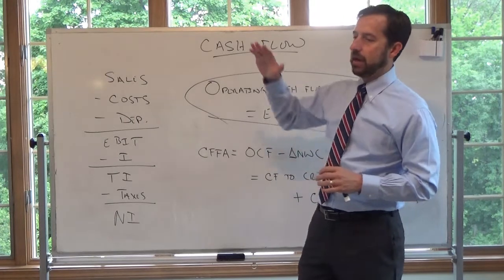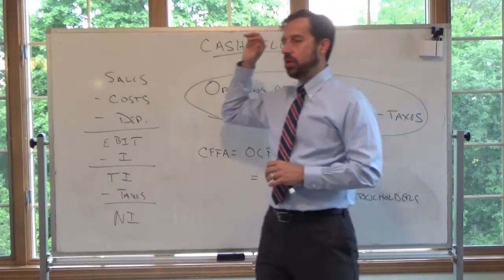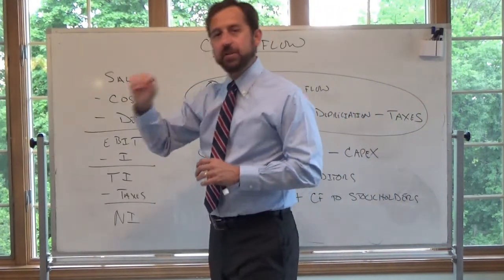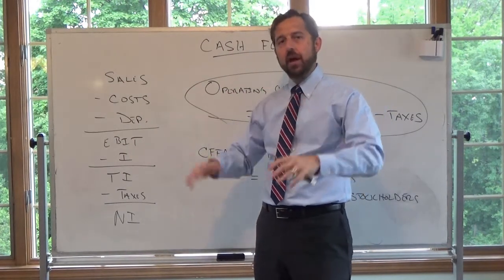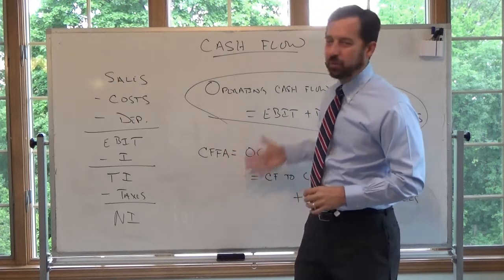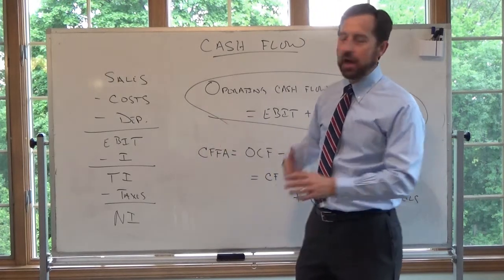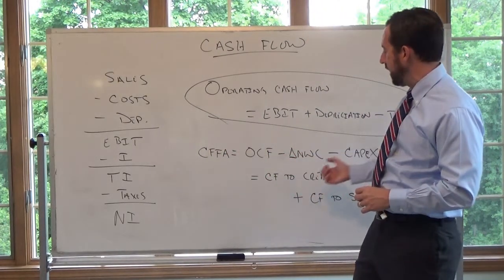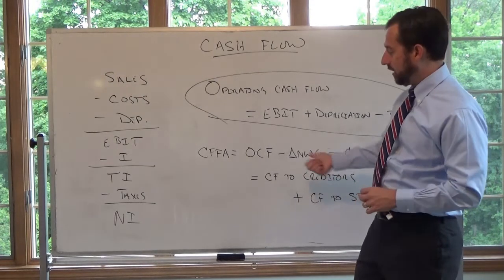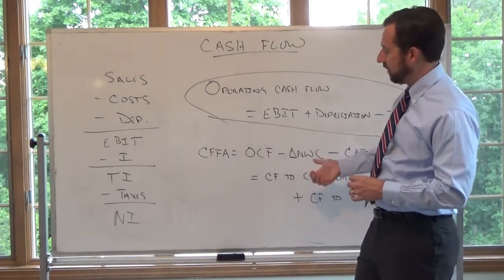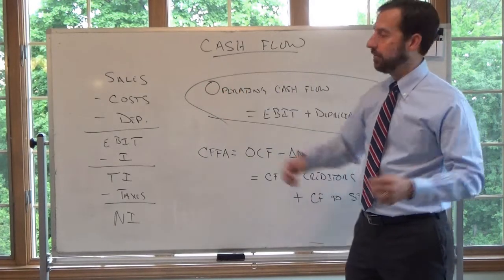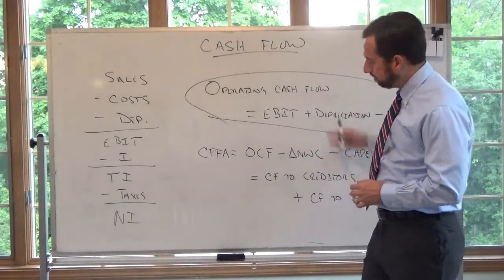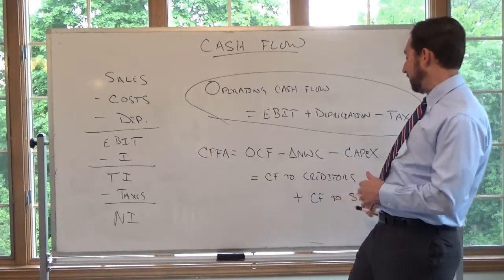If you go work at a movie production company, or at an oil E&P business, they might calculate, given the nature of their business, free cash flow a little differently. But loosely speaking, this is what we mean by free cash flow. I generate a bunch of cash from operating, I need to buy new equipment and maybe more accounts receivable, so whatever I have left over is free cash flow. And free cash flow goes to creditors or stockholders.